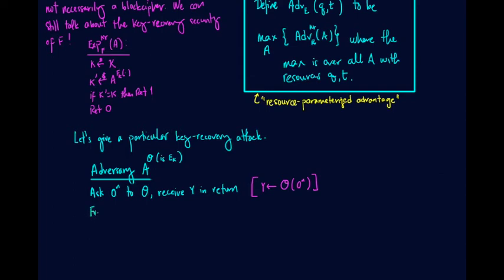For each k in the key set, which in this case is 0, 1 to the k. It looks like a k there, which it's not. Or each.